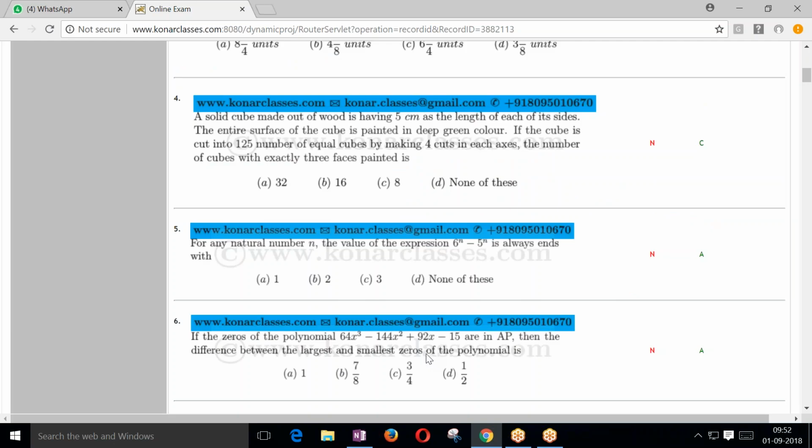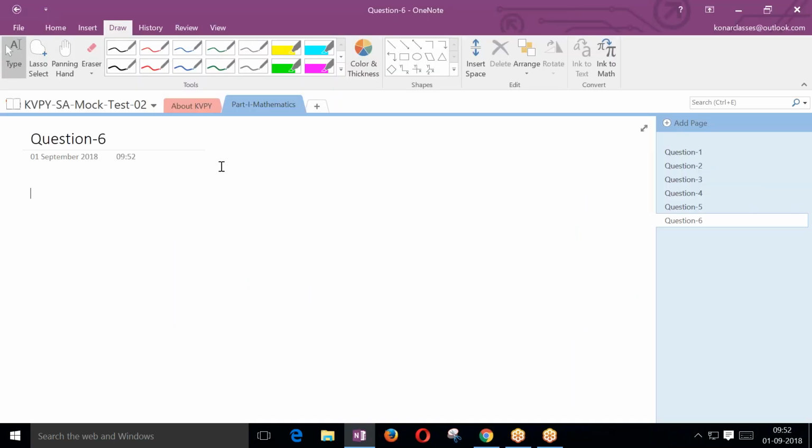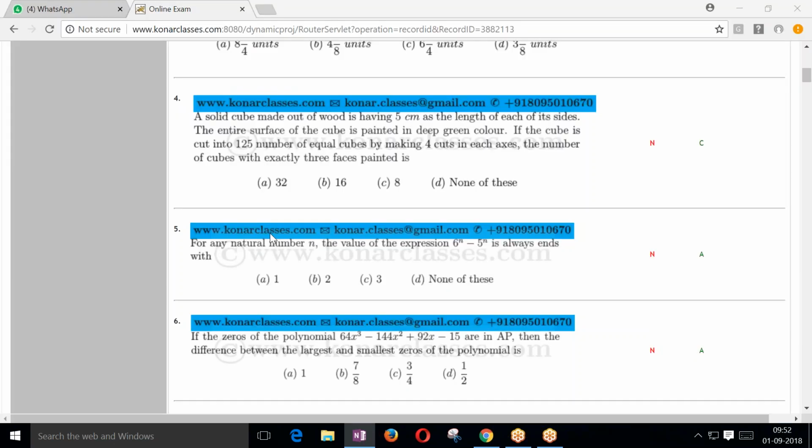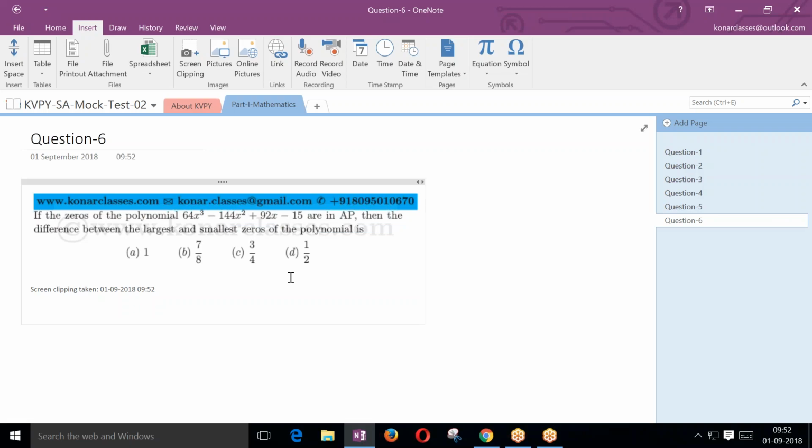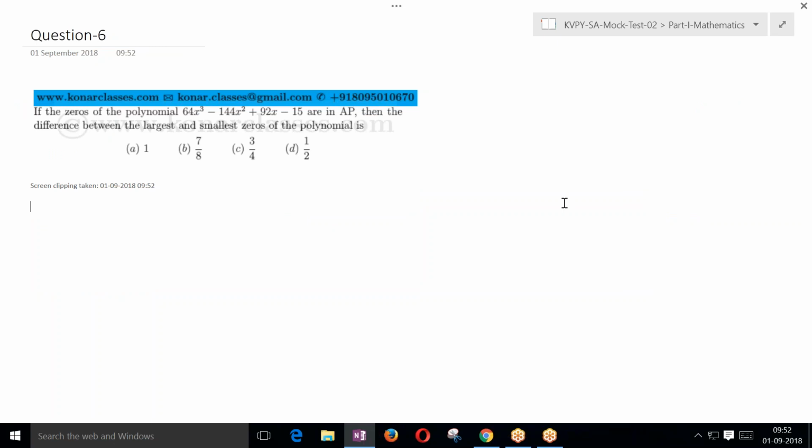And here is question 6. Just let me put it into our working board. So the question here is, if the zeros of the polynomial 64x cube... Zeros of the polynomial means the roots of the corresponding equation.